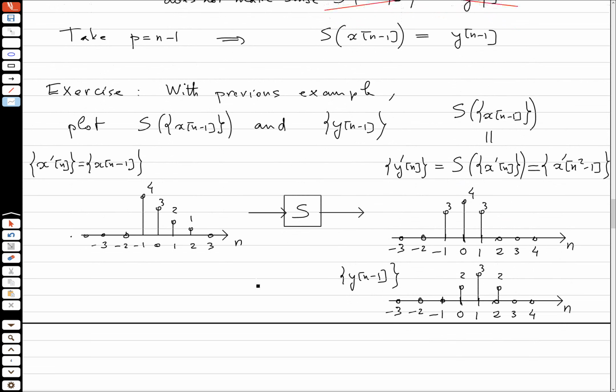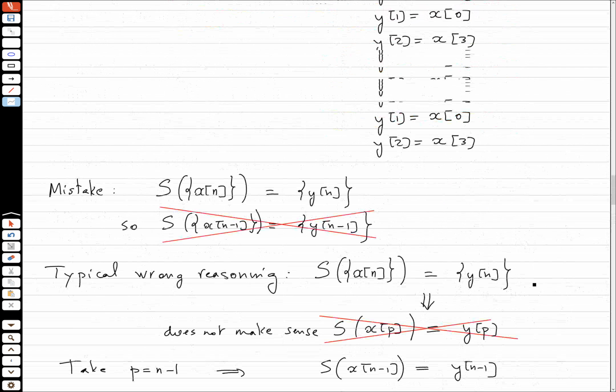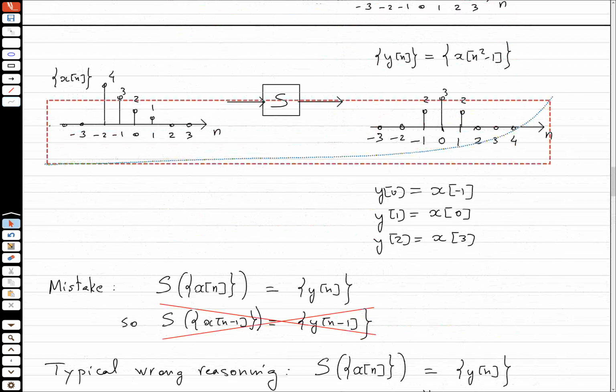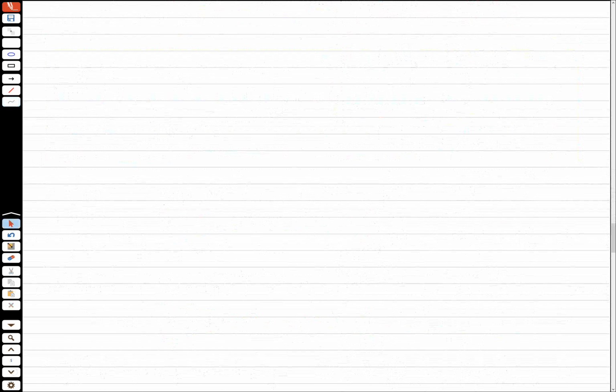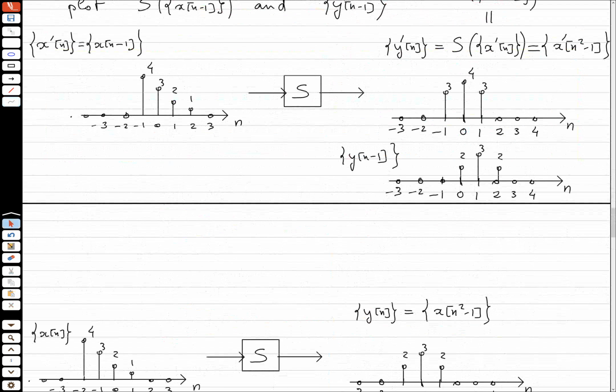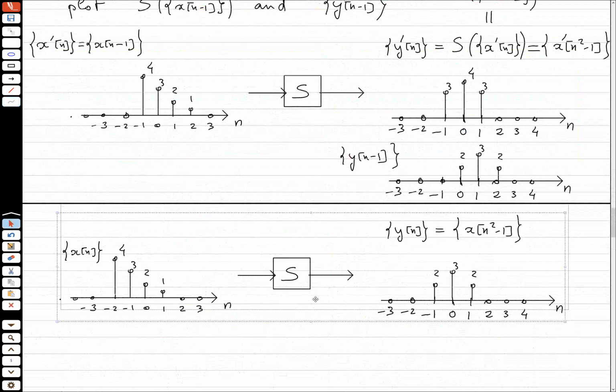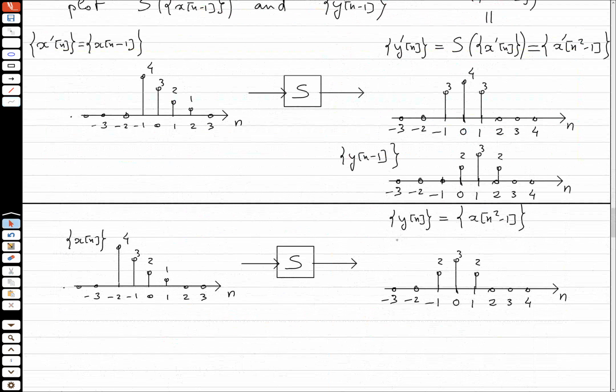Okay, let's recapitulate. What we had is this as the initial input-output pair.